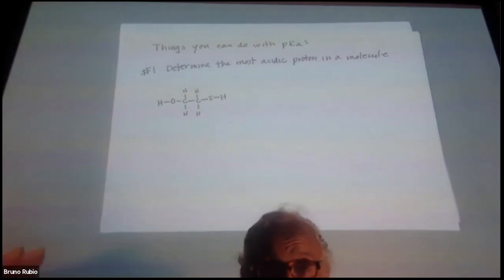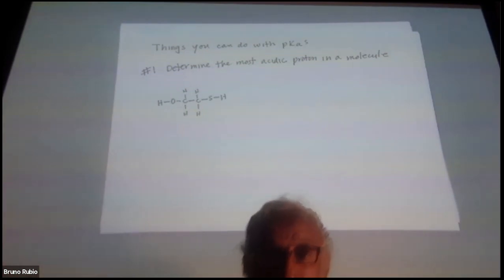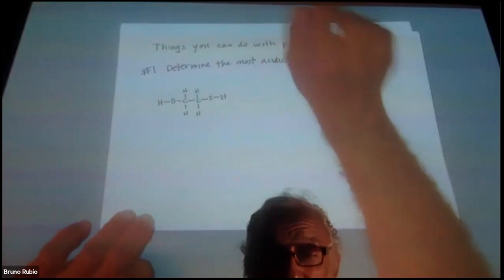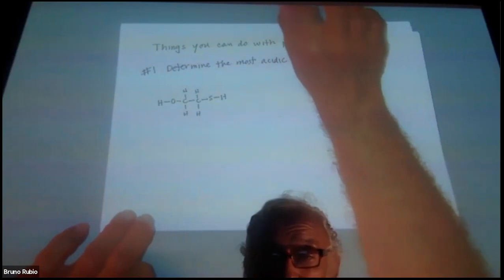I go to that table of pKa's, and I see that one of the entries in that table is for the proton bonded to an oxygen atom in an alcohol, but that alcohol is not a phenol. So I'm cruising down that table and I see there's an entry for an alcohol. Let's look at that table once again.